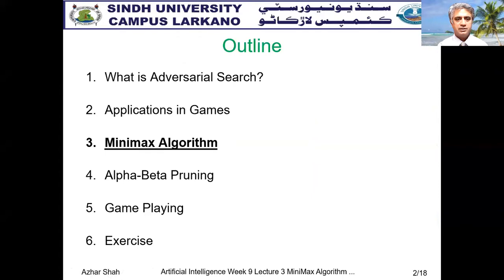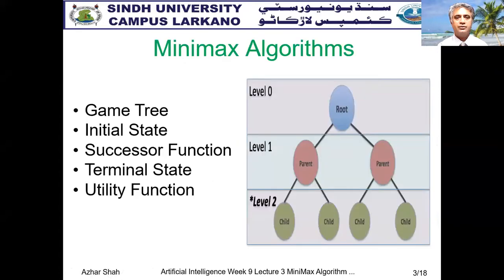Minimax algorithm, the third lecture regarding adversarial search in artificial intelligence. This picture illustrates the working mechanism, and on the left side you can see the step-by-step solution, and it consists of a game tree.